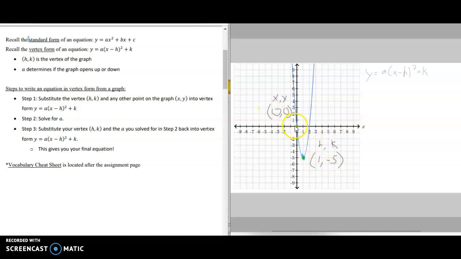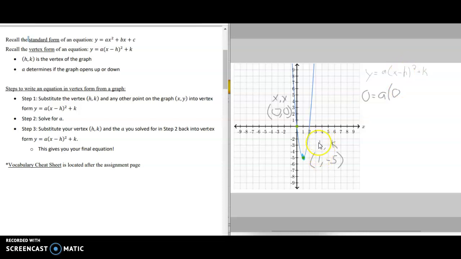So I'm going to take these numbers and I'm going to plug them in to my equation. So here it wants y. Well, my y is 0 equals a. Here it wants my x. My x coordinate is 0. Now this minus h says the opposite of h.